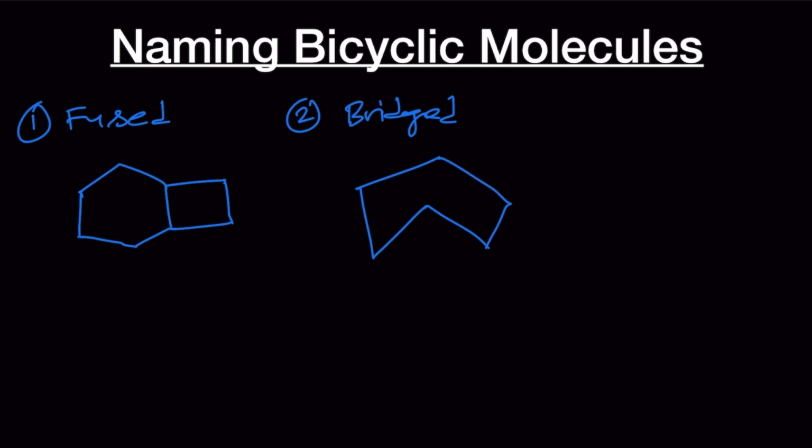Basically, the common atoms will not be connected directly. In both cases, we have two common atoms, which we call bridgeheads.